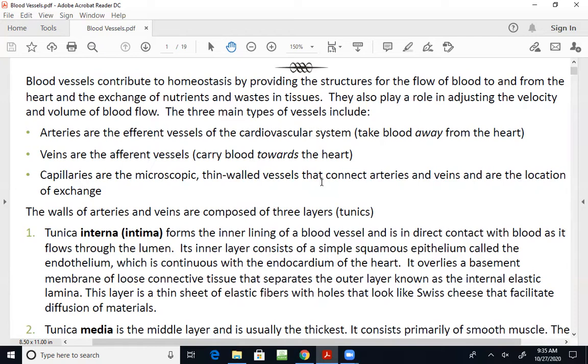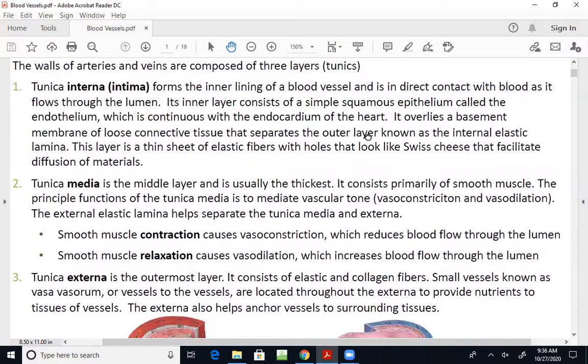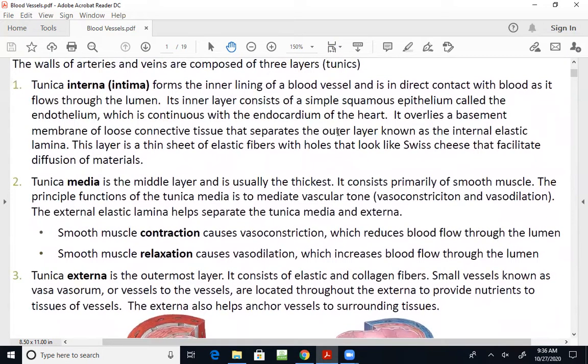Waste leave the blood or enter the blood depending on where you're at. Like in our kidneys, we're filtering out waste from our blood so we can make it into urine. Our carbon dioxide leaves the blood, enters our lungs to be exhaled out. In our tissues, other places in our body, we pick up waste to be removed from those cells. And so it just kind of depends where we're at, what we're doing with the nutrients, the wastes. But all of that exchange takes place in our capillaries.